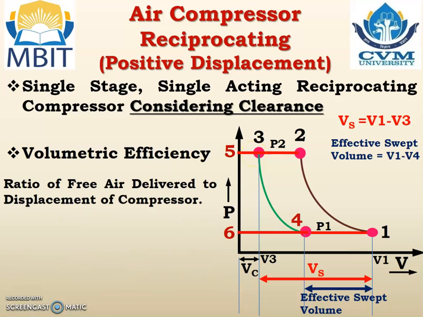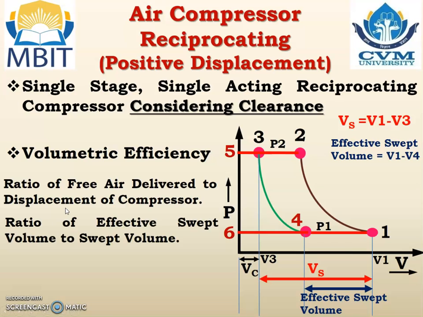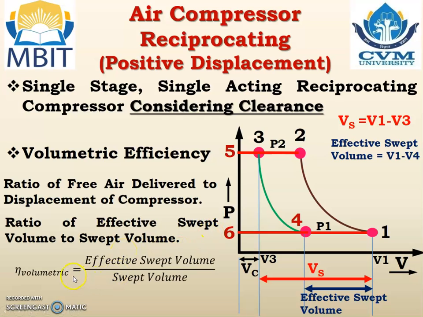Volumetric efficiency: ratio of free air delivered to displacement of the compressor. It is also known as the ratio of effective swept volume to swept volume. And therefore, volumetric efficiency is equal to effective swept volume divided by swept volume. Effective swept volume means practically what air enters, and swept volume means theoretical air entry.